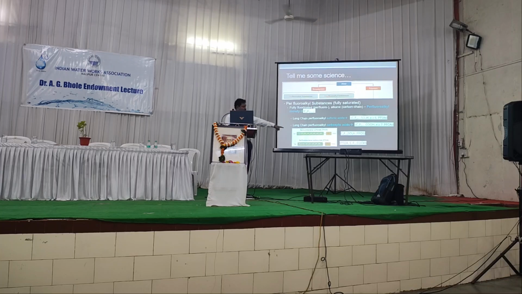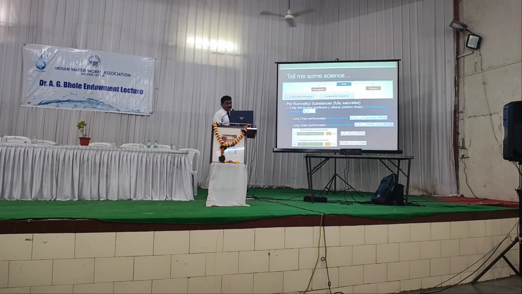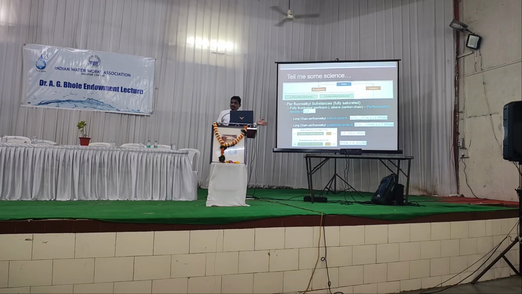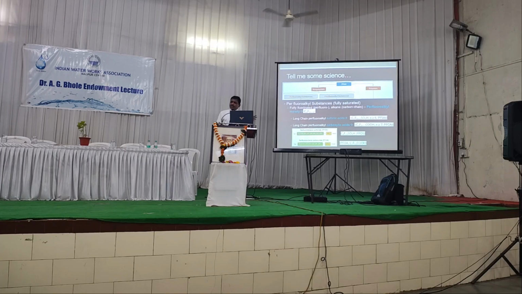And so these are the two most common PFAS: perfluorooctane sulfonate and perfluorooctanoic acid. These are the two most commonly detected. Even though these are phased out, when we realized that there is a tremendous human health concern, 3M, DuPont, all these companies voluntarily phased out the production of these compounds.